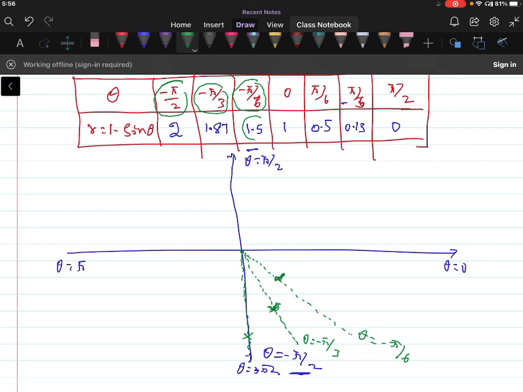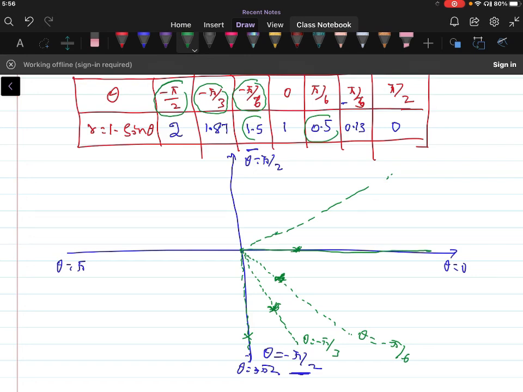Now when theta is equal to 0, the positive x-axis, the corresponding r value will be 1. When theta is equal to pi by 6, that is 30 degree, the r value will be 0.5.